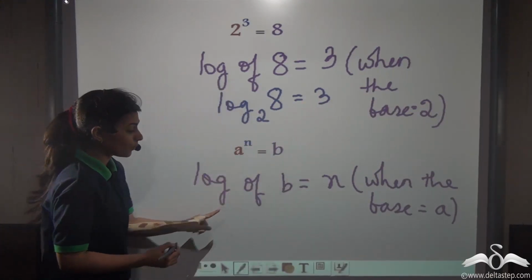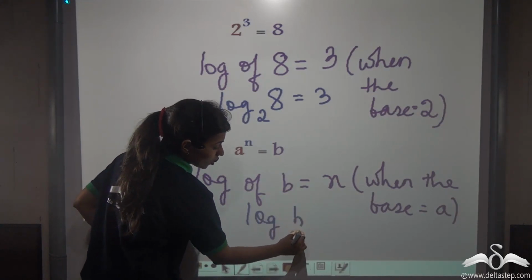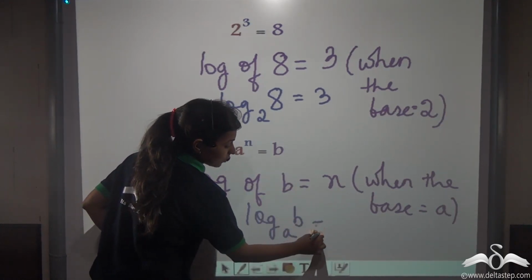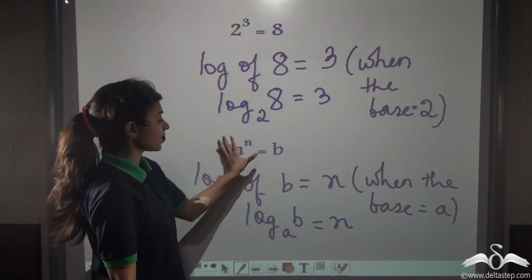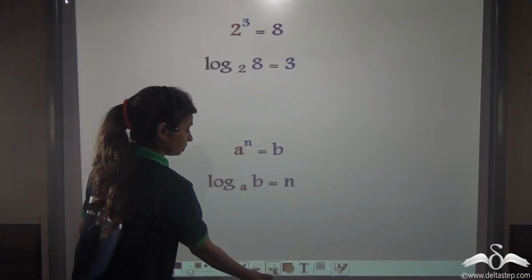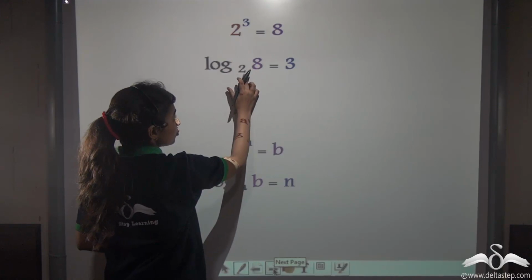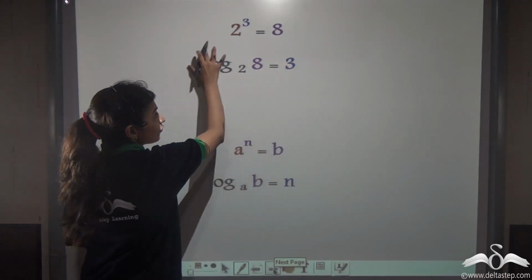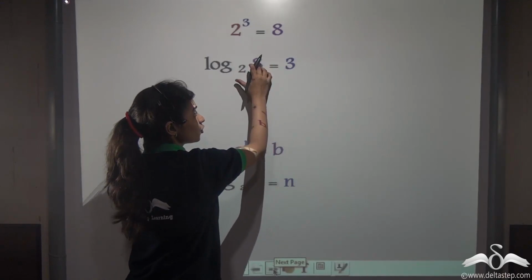Similarly, here what we will do? Log b to the base a is equal to n. So this is how we express such exponential functions in logarithm. Look, log 8 with the base 2 is equal to 3. So if you are given this, that means 2 to the power 3 gives you 8.